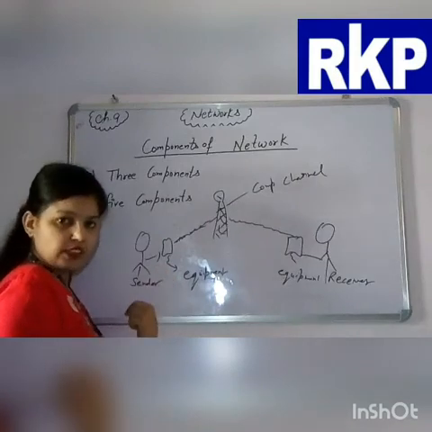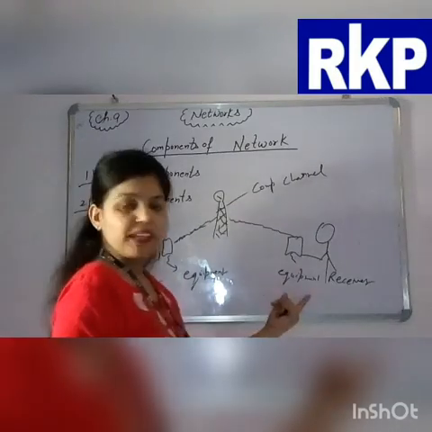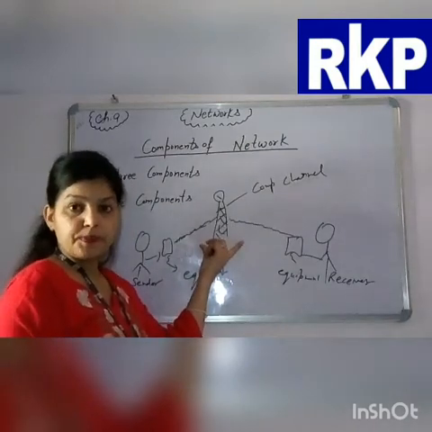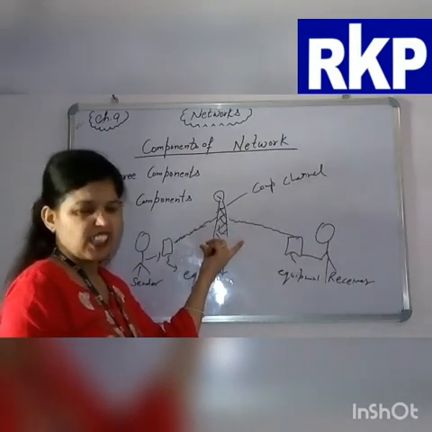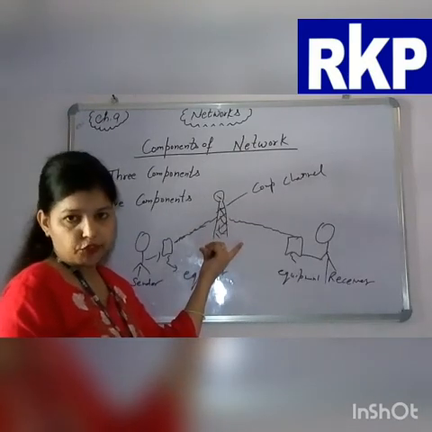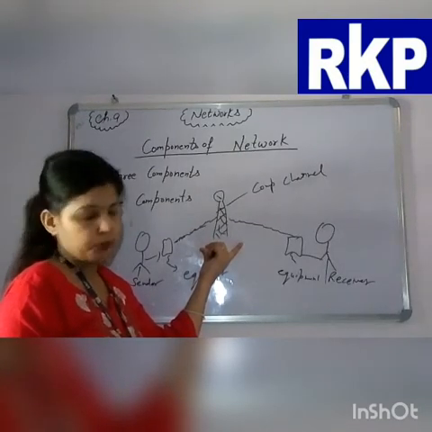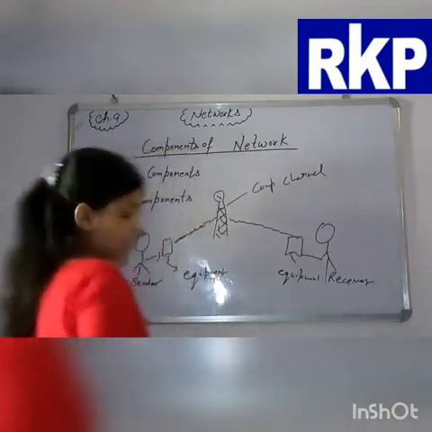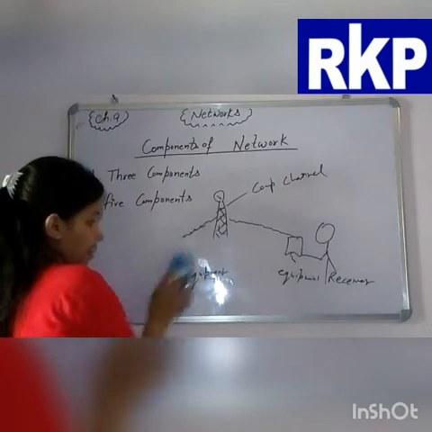Equipment for the sender. 3. Equipment for the receiver. 4. And the communication channel. It can be wireless in case of a mobile phone. It can be wired in case of a landline phone. So this is a 5 component network. Now let us take the example of computer.